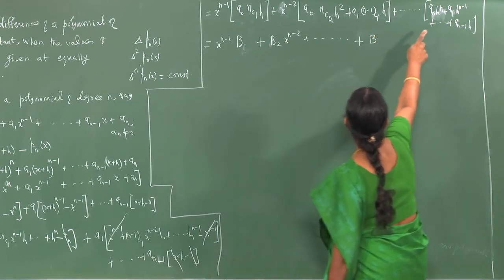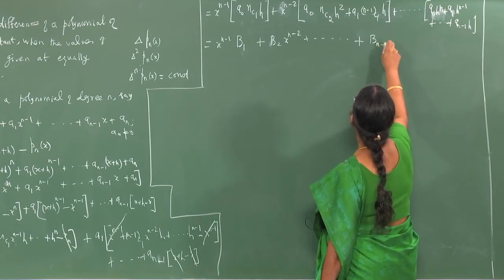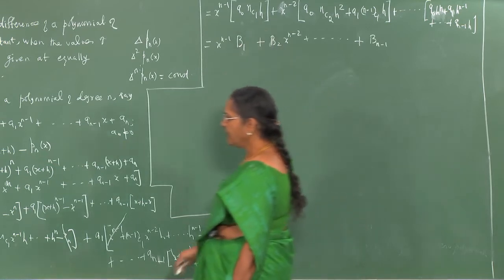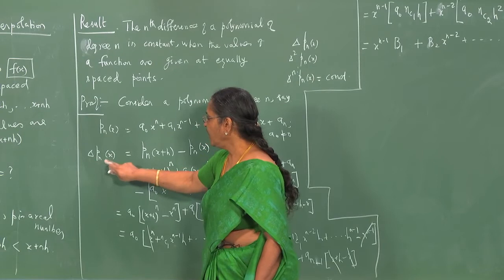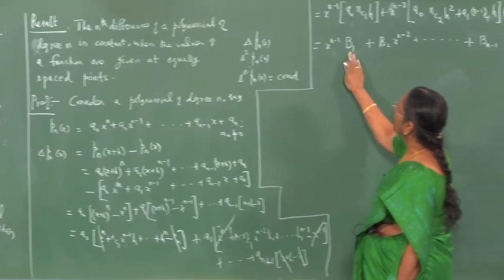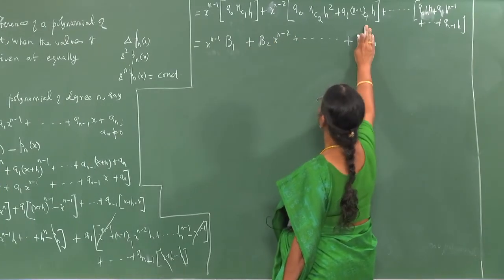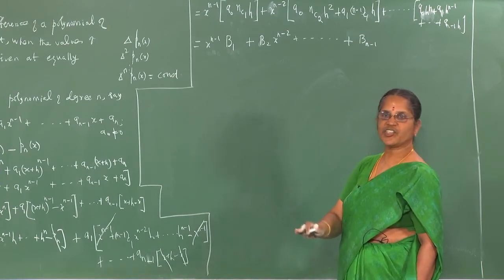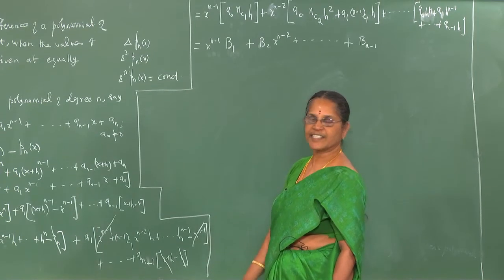Plus this term, which I call, say, b n minus 1. So, I observe that the first order forward difference of a polynomial of degree n is a polynomial of degree n minus 1, since b1, b2, etc., bn minus 1 involve only h and n, they do not involve x.